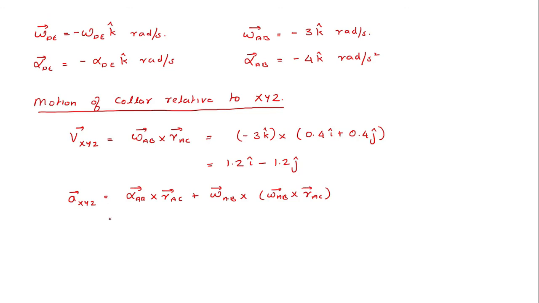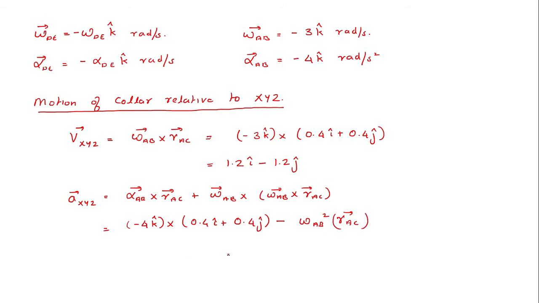So if I substitute the values, I would get minus 4k cross 0.4 I plus 0.4 J. Now since it is a case of planar motion, omega AB cross omega AB cross RAC can be written as minus omega AB magnitude square multiplied by RAC vector.